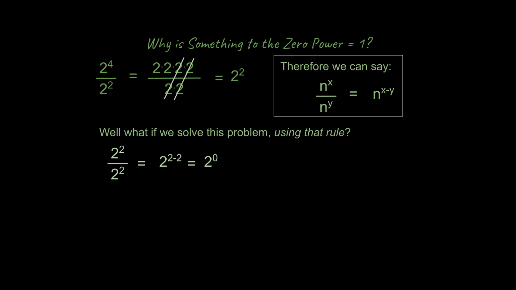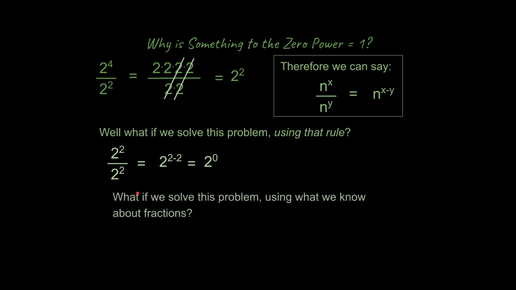We can recognize that that reduces to 1 if we think about it, because anything divided by itself is 1. So what we're showing, therefore, is 1 is equal to this value of 2 to the 0. And in fact, this happens to be true for any real number that you work with. And that's how we know that a number to a power of 0 is equal to 1.